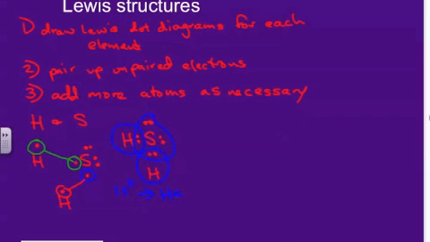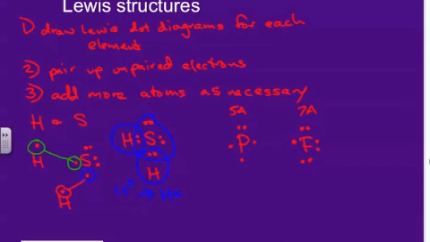In another example, I could give you phosphorus and fluorine. So phosphorus has 5, and fluorine has 7 valence electrons. The quick way to determine valence electrons is again to look at your groups for representative elements. Phosphorus is in group 5A, fluorine is in group 7A.